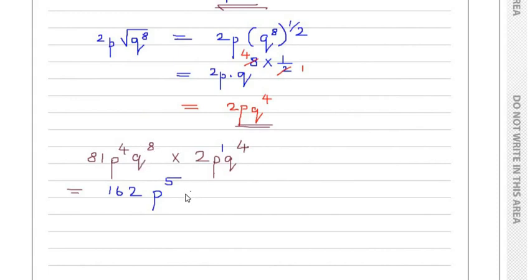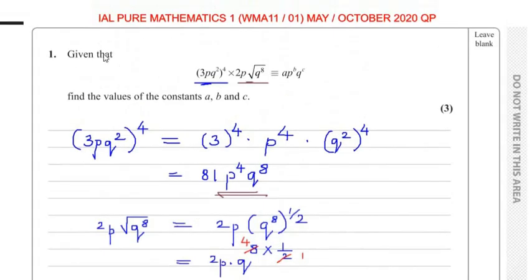Similarly for the q term, since there is multiplication between the q terms and the bases are same, we are going to add the powers. So 8 plus 4 is 12. So this is the most simplified answer we have got for the given example.